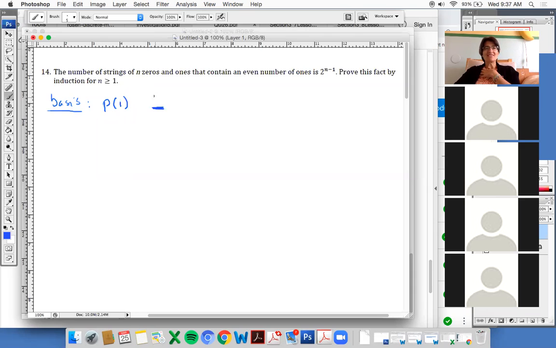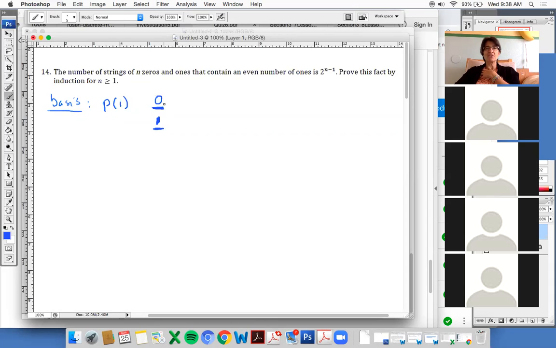How many possible strings of length 1 do we have? Anyone? 2, right? I could either have a bit string of length 1 that has a 0 in it, or I could have one that has a 1 in it, right?